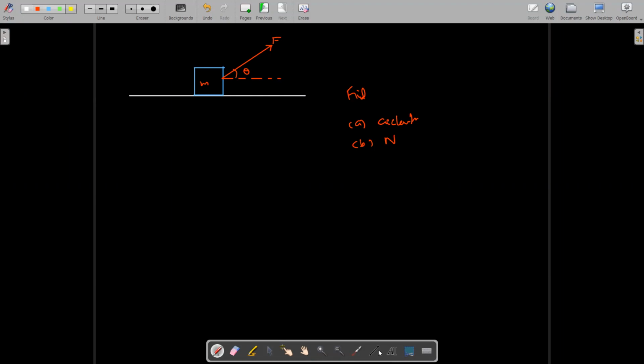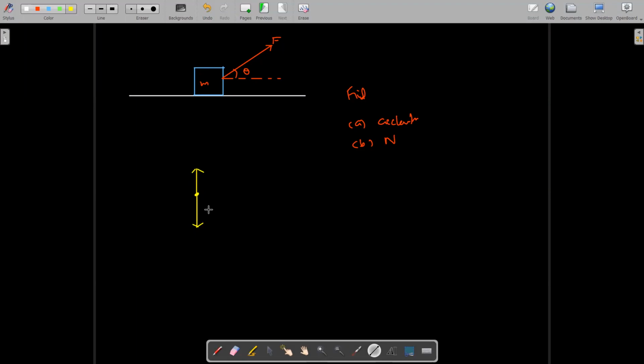So when you draw the free body diagram, you have the body here as a point mass, and then you have to mark all the forces acting on the body, that is mg acting downwards, and then we will have N acting upwards, right? N acts upwards because it is perpendicular to the surface.